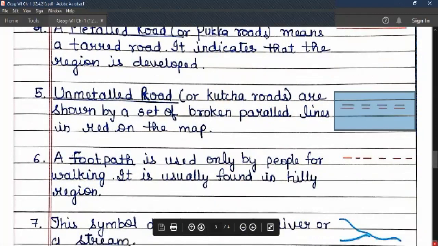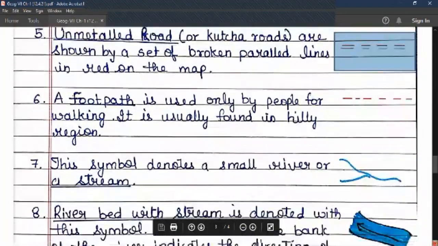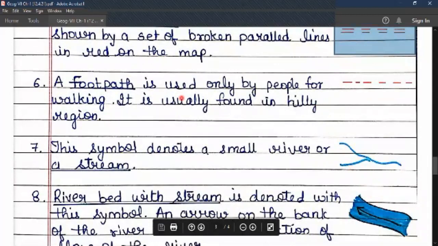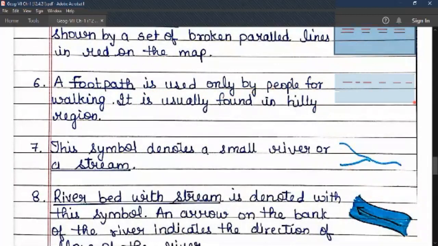Number 6 is a footpath. A footpath is used only by people for walking. It is usually found in hilly regions and is shown by a single broken line.